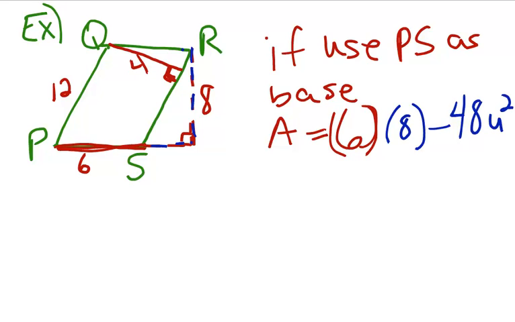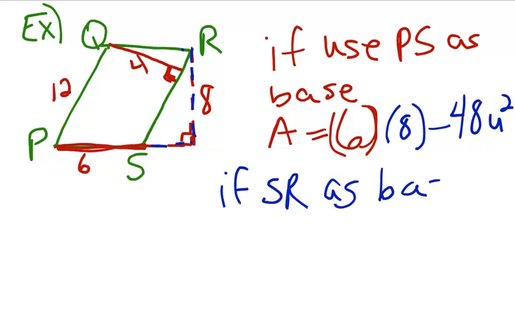Remember that area is a squared unit. If I use SR as my base, then what I get is, let's go to, what color haven't I really used yet? Let's use orange. So if SR is my base, here's my base now, SR right here, that's my base. So here's my perpendicular at the base.